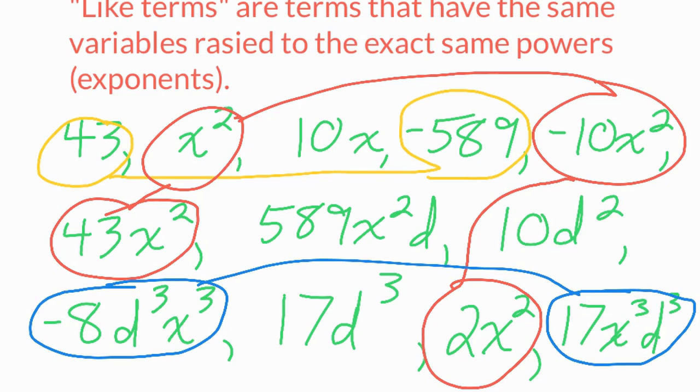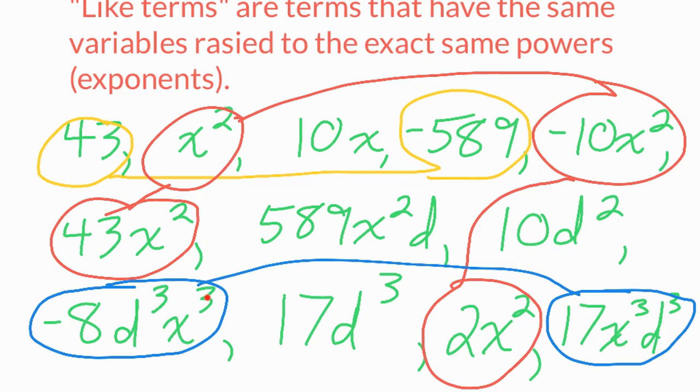That's okay, as long as they both have a d and an x, and the exponent above the x is the same in both of them, and the exponent above the d is the same in both of them, then they're still like terms. I don't want to give you the impression, actually, that the exponents within the terms have to be the same.